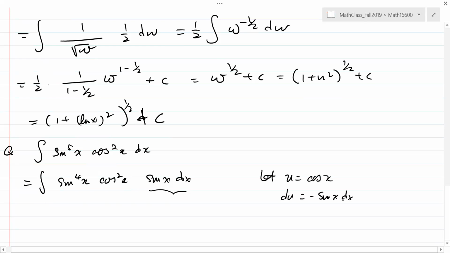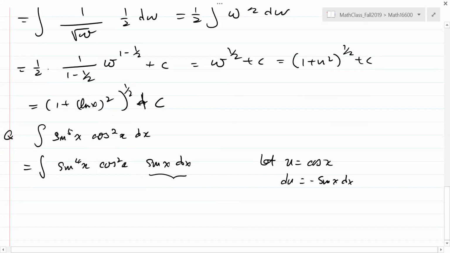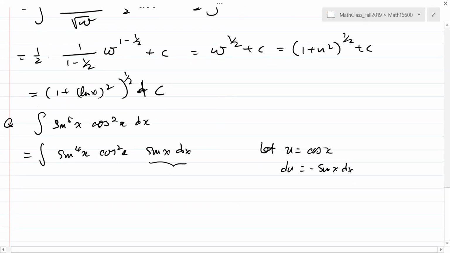That's good. Okay, then the rest of them we have to express in terms of cosine x. That's okay because sine to the 4th power is sine squared squared, right?